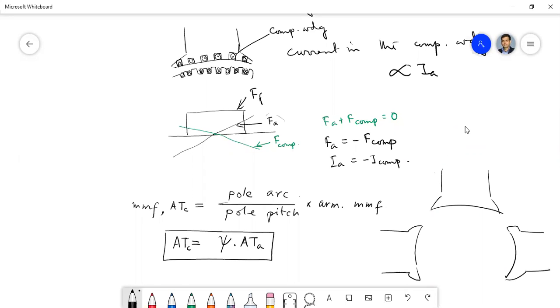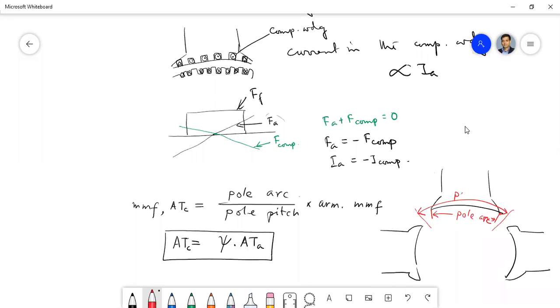So pole arc means only this length, this length is called the pole arc. And pole pitch is this, between two similar points of two consecutive poles.